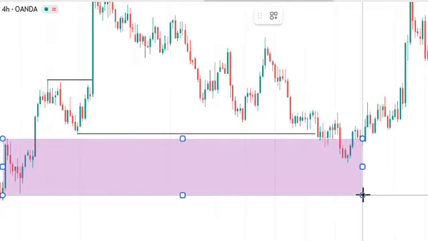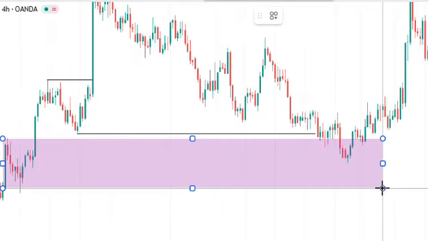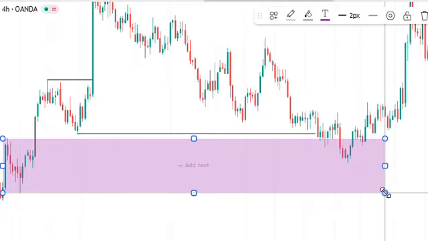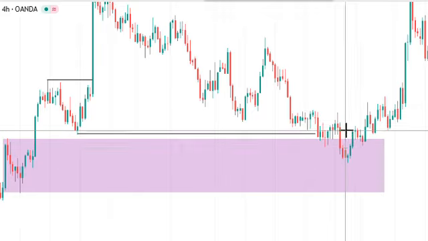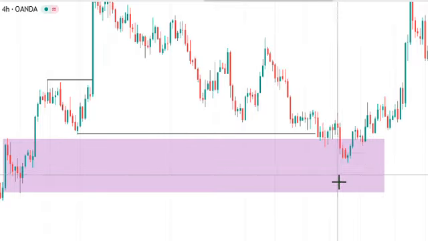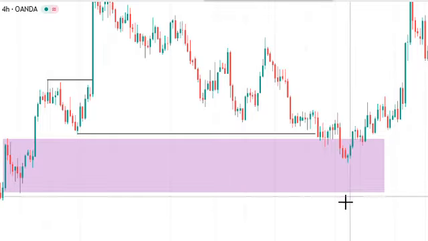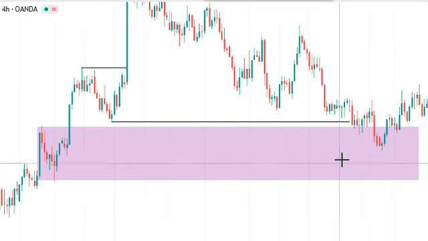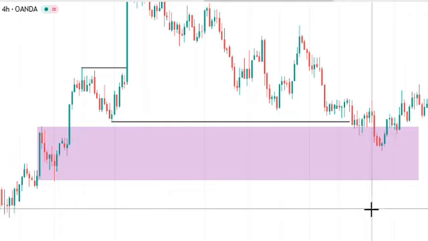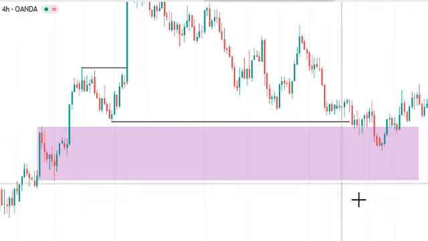Don't forget that we are not placing the buy limit here with a stop loss under it. We are just waiting for a trade setup inside this range.